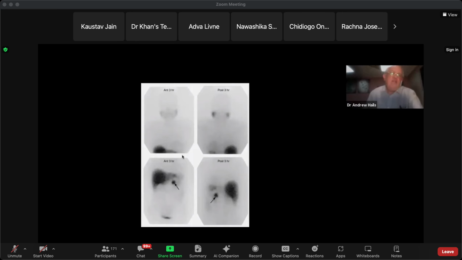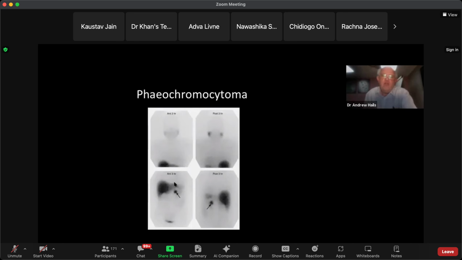So the patient might have, for example, hypertension, whereas you would normally find it very difficult to see an adrenal gland in a normal patient. You've got an uptake in an adrenal there, which is a pheochromocytoma. This is not really used to diagnose pheochromocytomas, but more to find them once they've been shown to have raised adrenaline or noradrenaline.